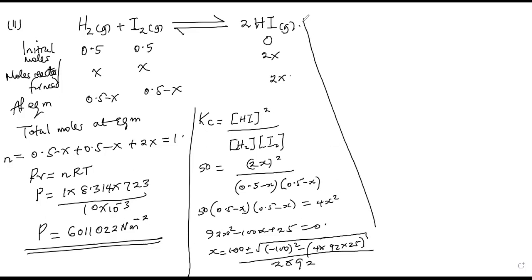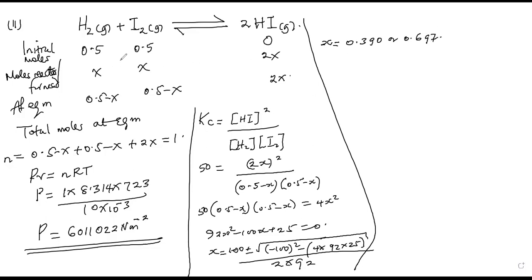Okay, now solving this equation will give us the value of x as 0.390 or 0.697.